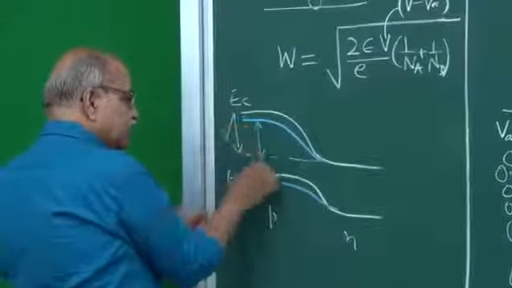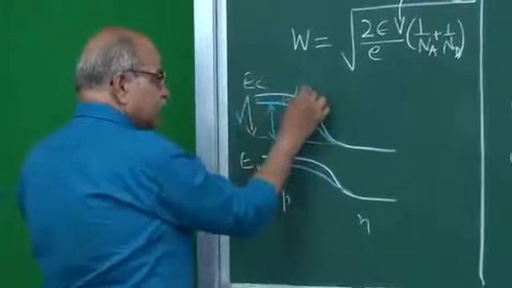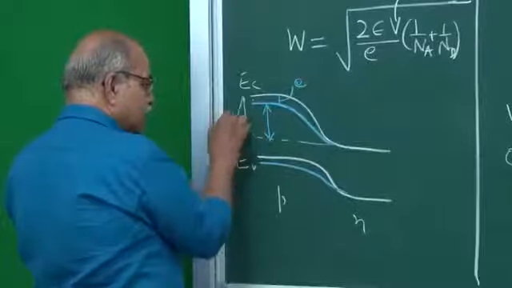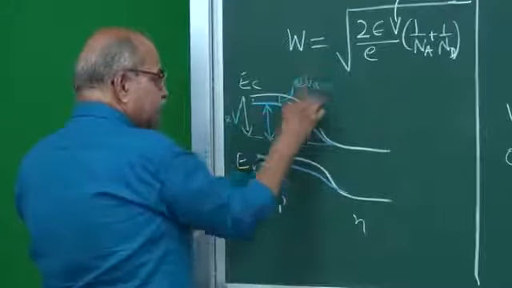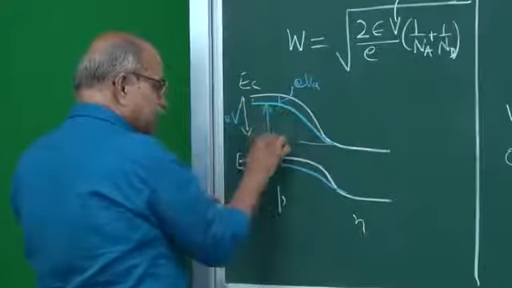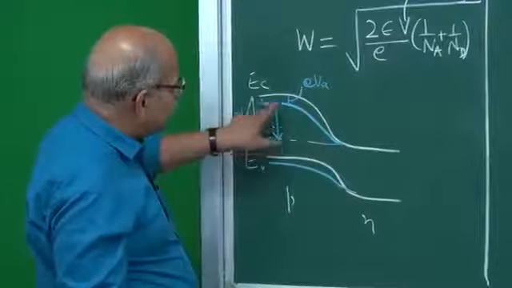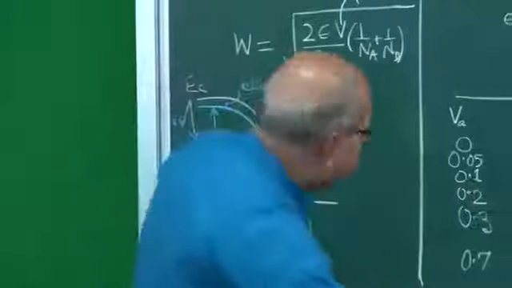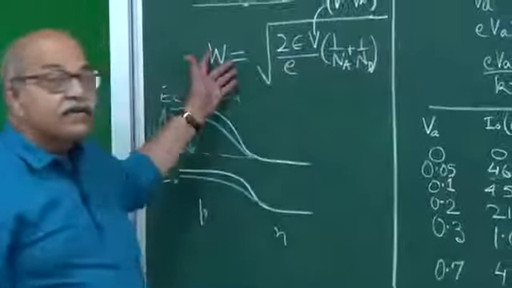So, this was V, and this is that applied e times VA, or this is energy. So, better to write e times VA, and now this is the barrier. So, in place of V, it becomes V minus VA. So, that means the width of the depletion layer decreases.